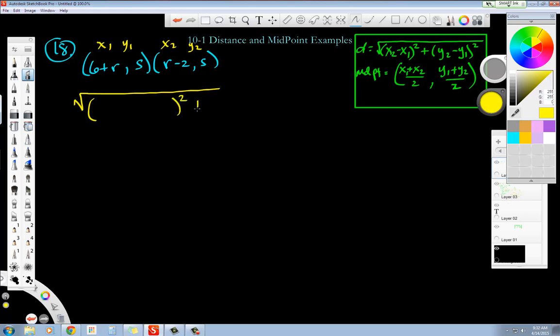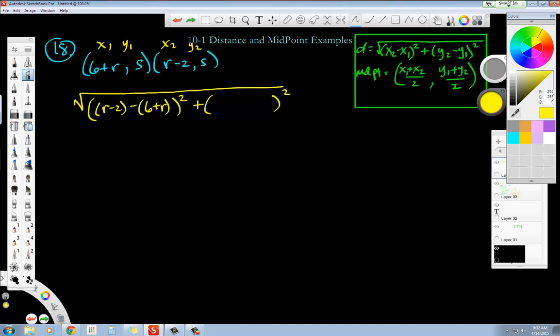Here's our big parentheses. So we have x2 in parentheses minus x1. Notice I put that in parentheses right there. Okay, and then that all gets squared. Because the trick here is this negative sign is going to change that sign in front of that r.